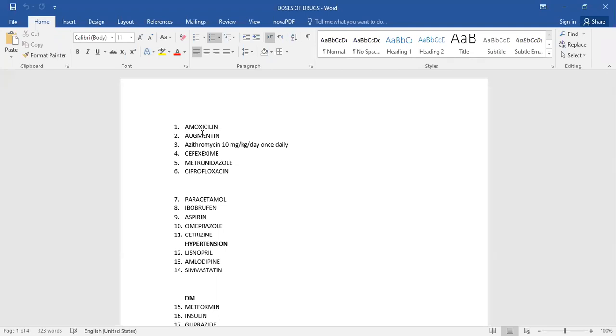Any BID, TID, once daily? What do you think? TID, yes. Usually given TID, but if you are using high doses of Augmentin like 1 gram, you should use it BID, but generally speaking TID. So 3 times daily. Amoxicillin also TID.